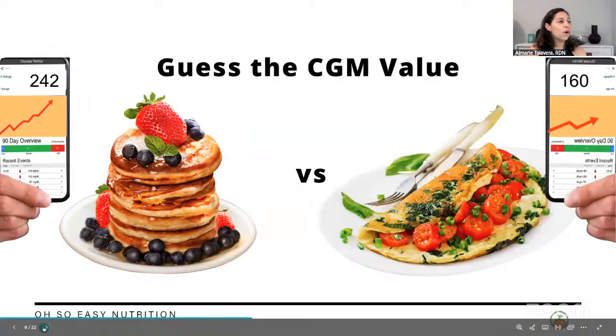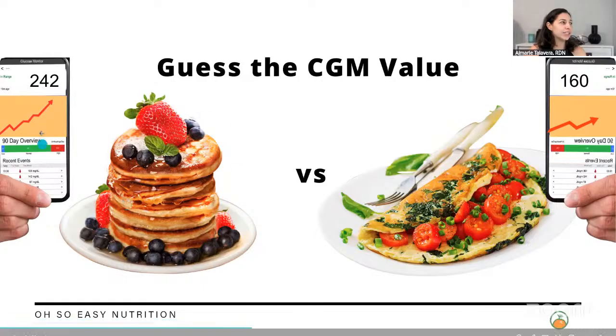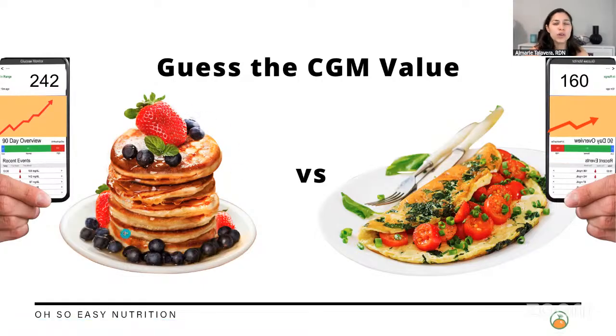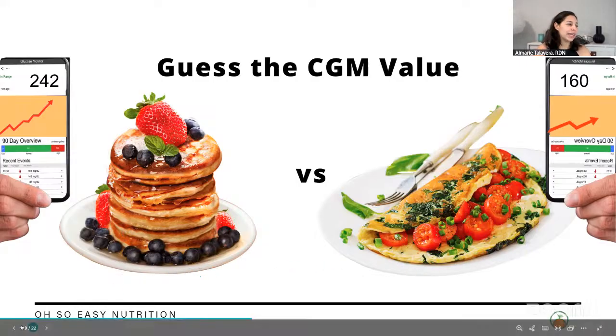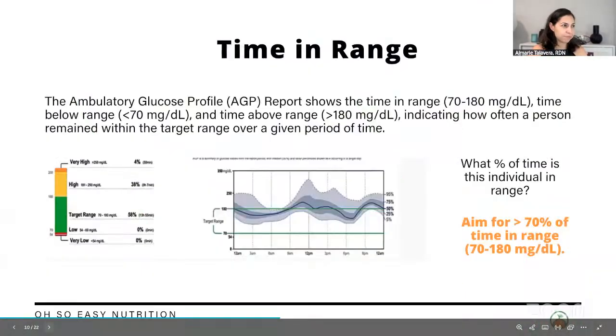So the CGM value for this meal with the pancakes can be anywhere up to 242, versus this high-protein meal, which can be 160. So big difference when we consume something that is extremely high in carbs versus something that is more protein rich.